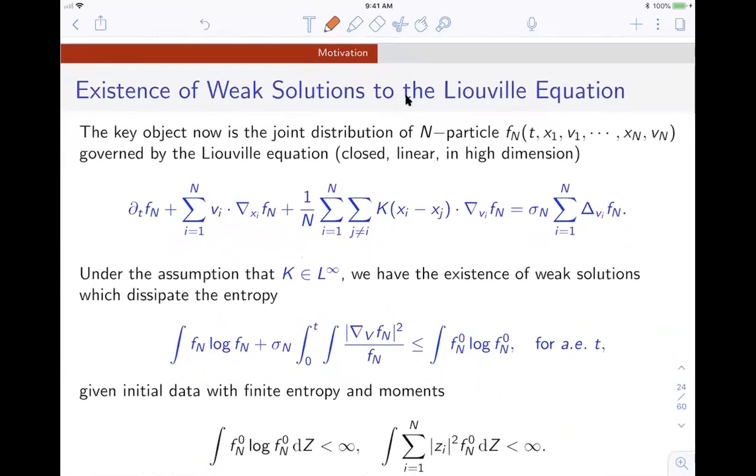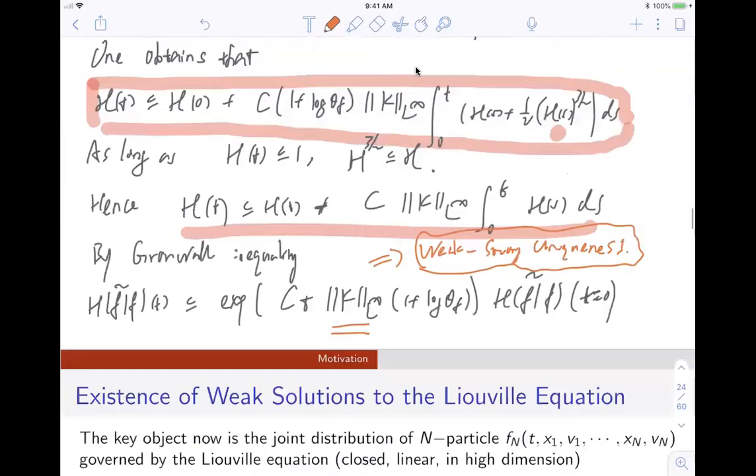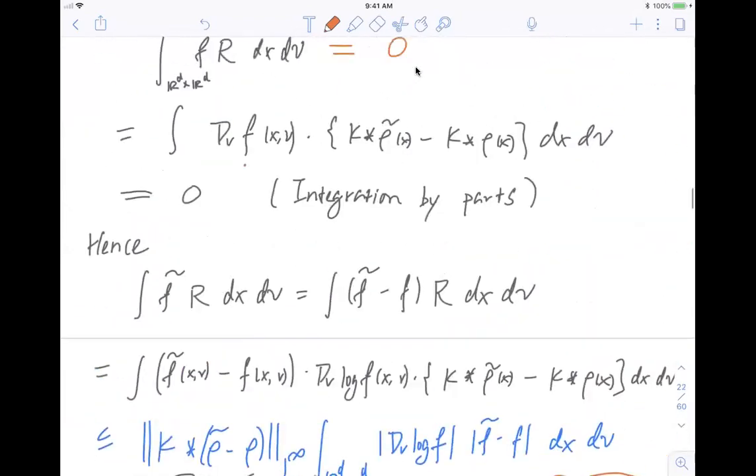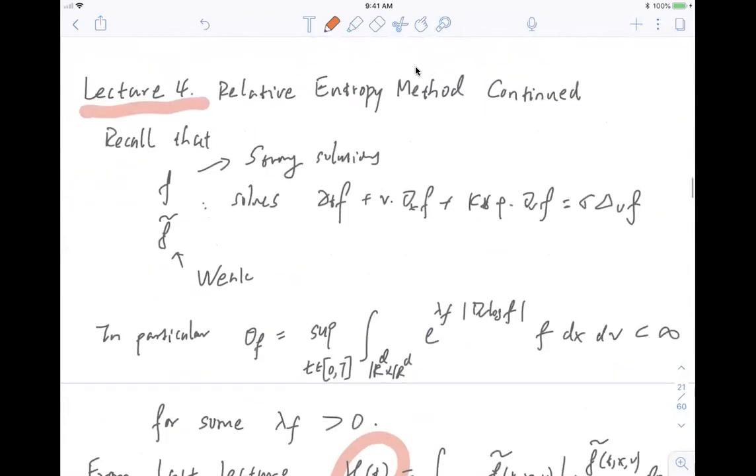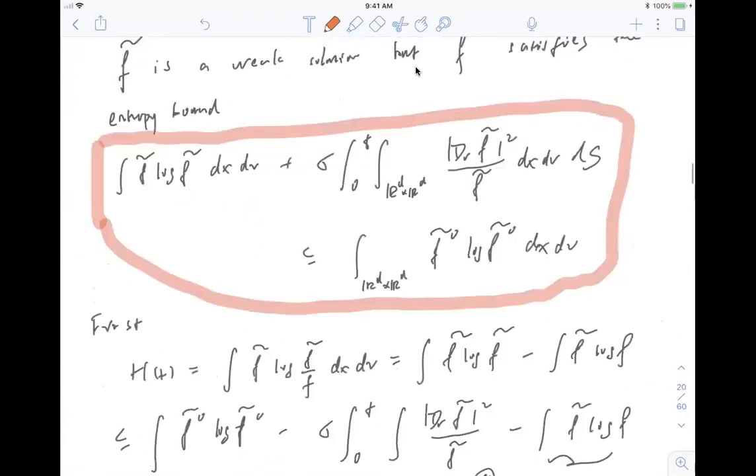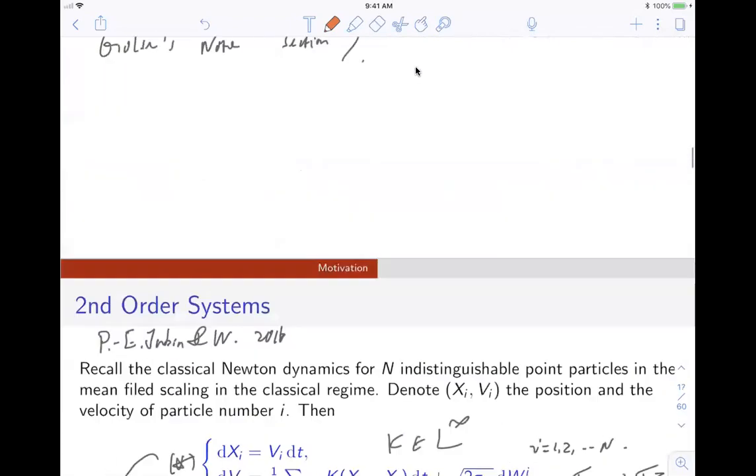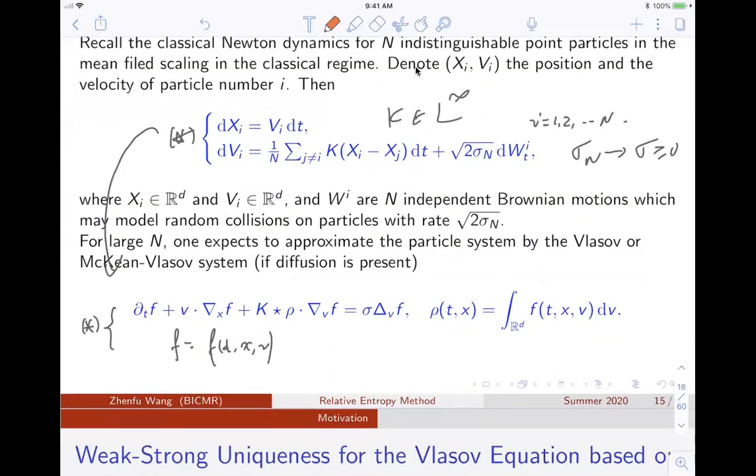But there's a problem. What's the problem? Let's go back one step. If we only assume the interaction kernel K is bounded, what's the meaning of the particle system? This is the particle system we considered in our first paper. So K is only bounded.